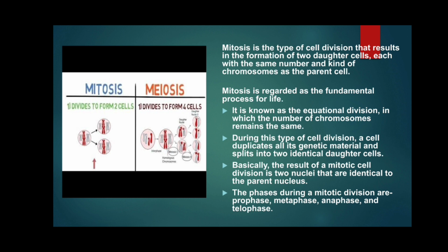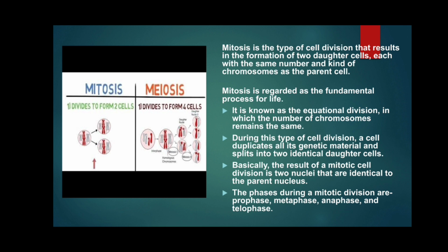When a cell divides to form new cells, it follows mitosis, where two daughter cells are formed, and each cell has the same number and kind of chromosomes as the parent cell. This is the fundamental process of life. Mitotic division is always an equational division, because the number of chromosomes remains the same.